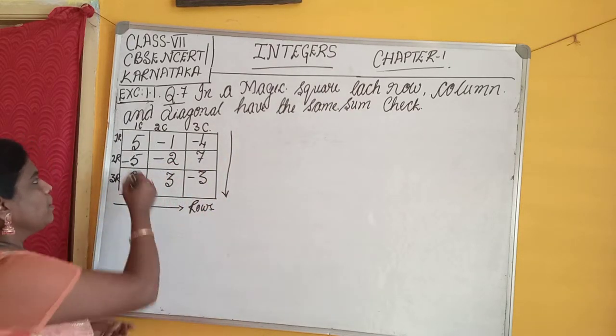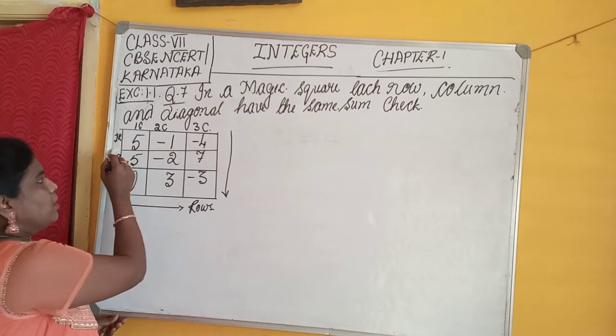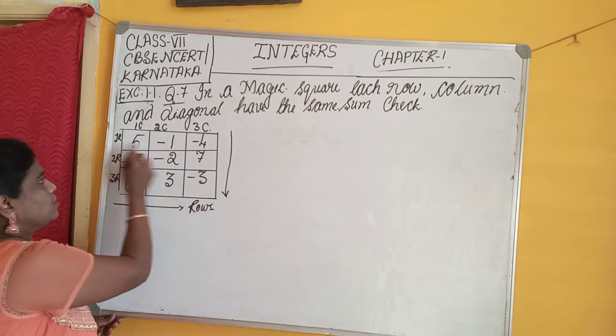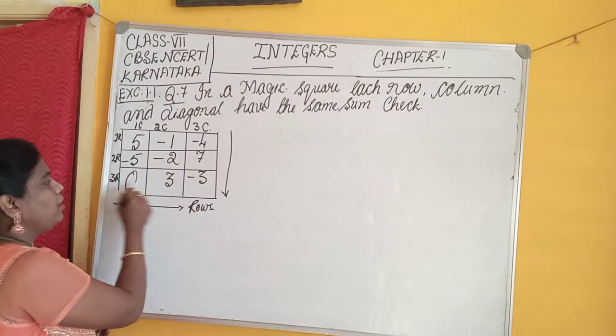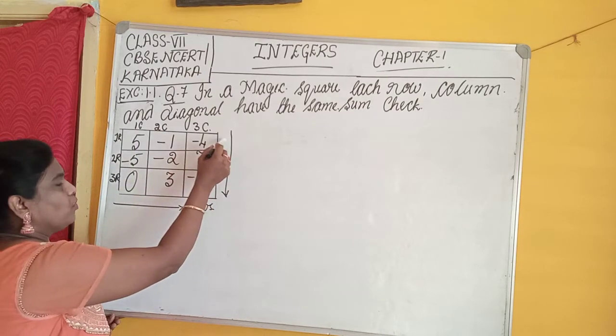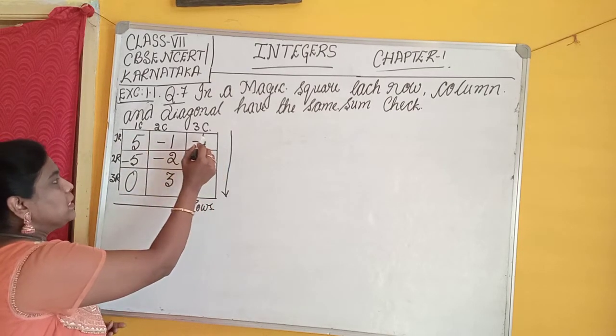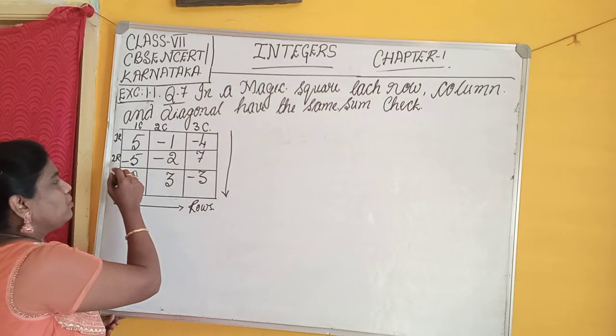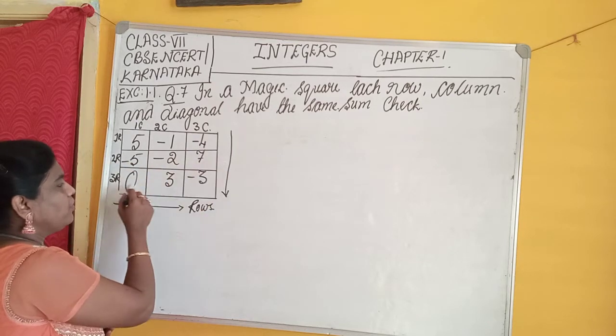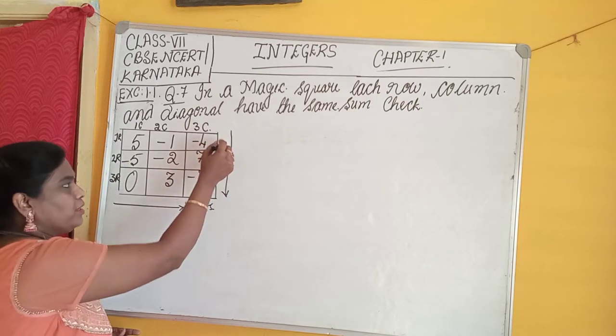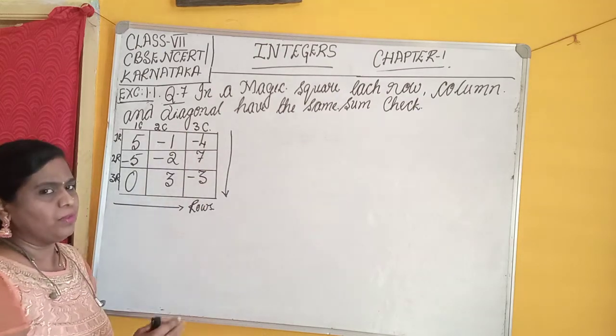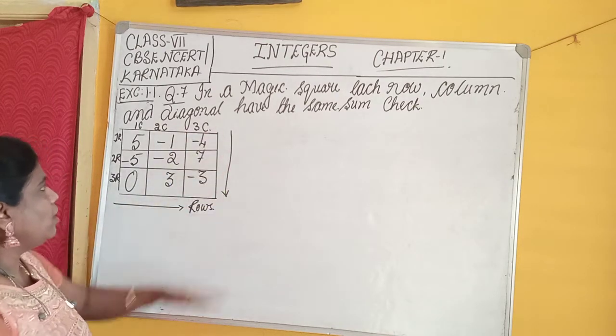What are rows? The numbers which are in a row. This is the first row, second row and third row. In each row, we have to add the three numbers, and we should get the same sum, and also for the columns.